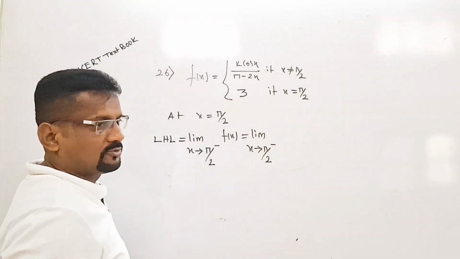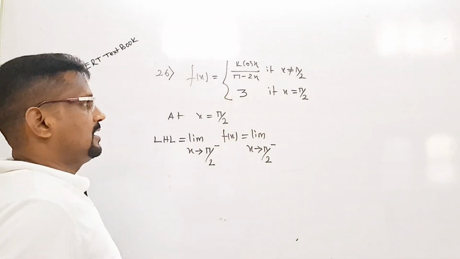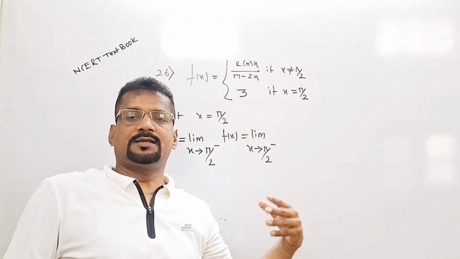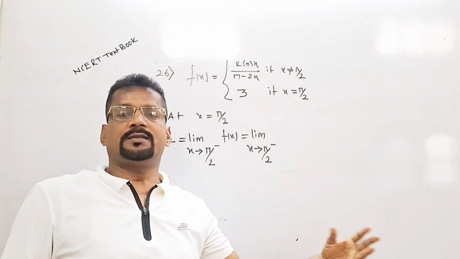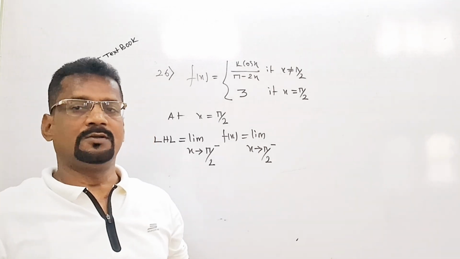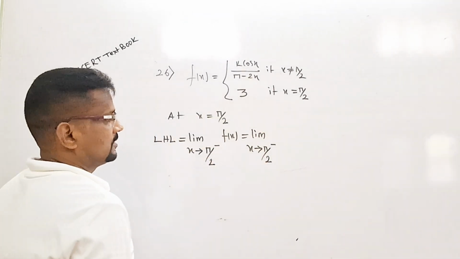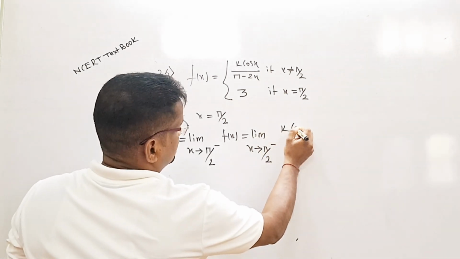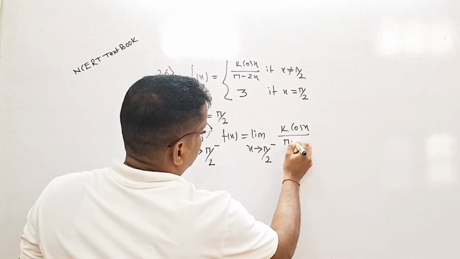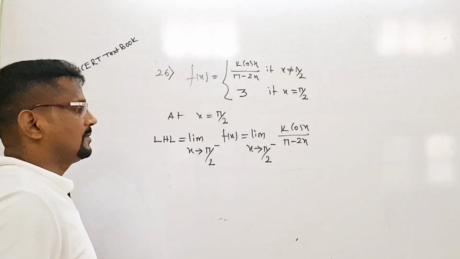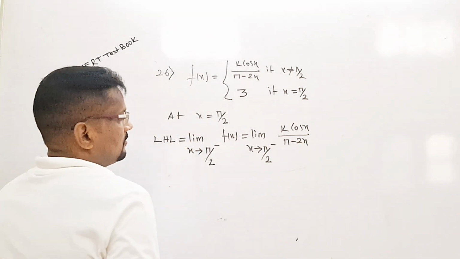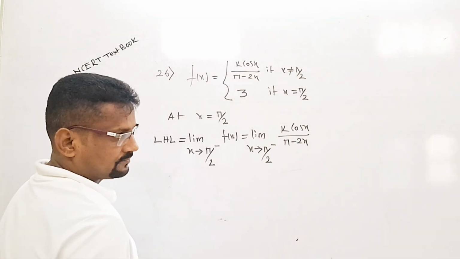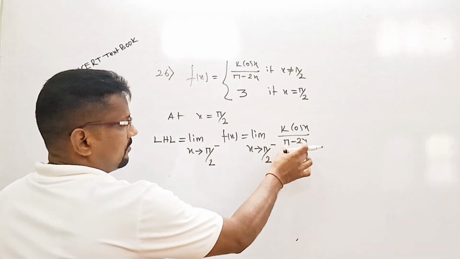In this case, x is not equal to pi by 2, so f of x will be k cos of x divided by pi minus 2x. Now the problem is to find the limit of this. But if you put x equals pi by 2, it will be undefined. Then how do we find the limit of this?